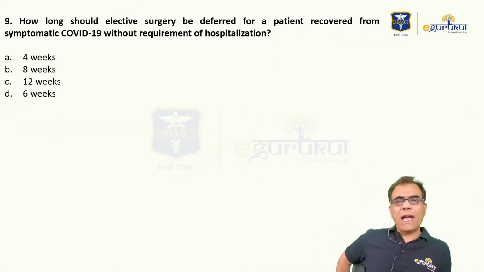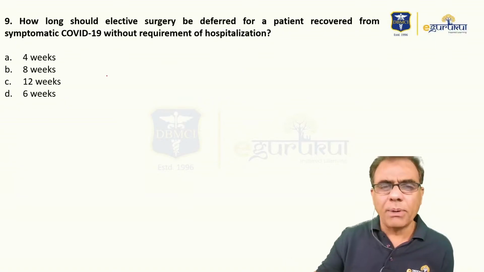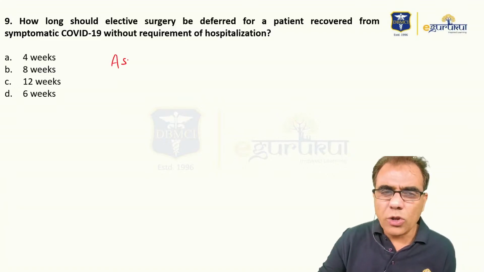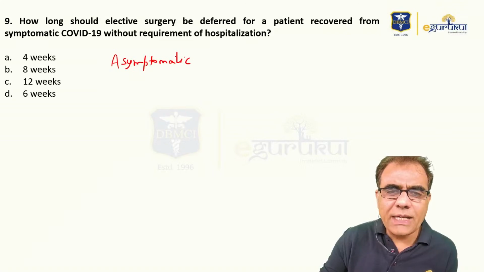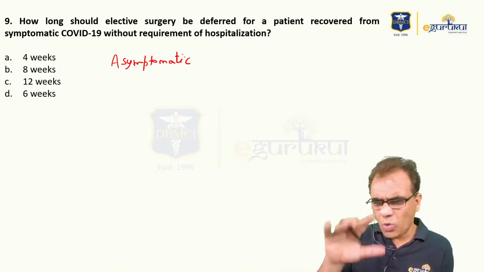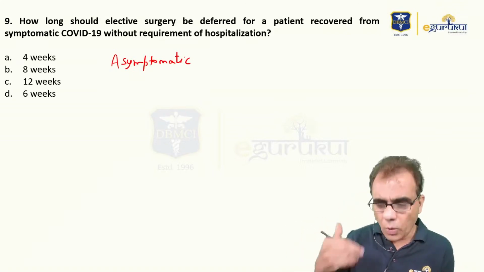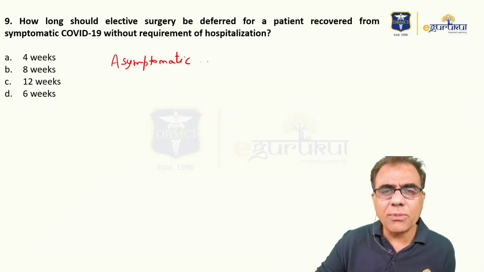How long should elective surgery be deferred for a patient recovered from symptomatic COVID-19 without requirement of hospitalization? 4 weeks, 8 weeks, 12 weeks, 6 weeks. So it is very simple. Although there are many societies giving different guidelines, the most acceptable and what we practice is: asymptomatic patients should delay surgery for 4 weeks.